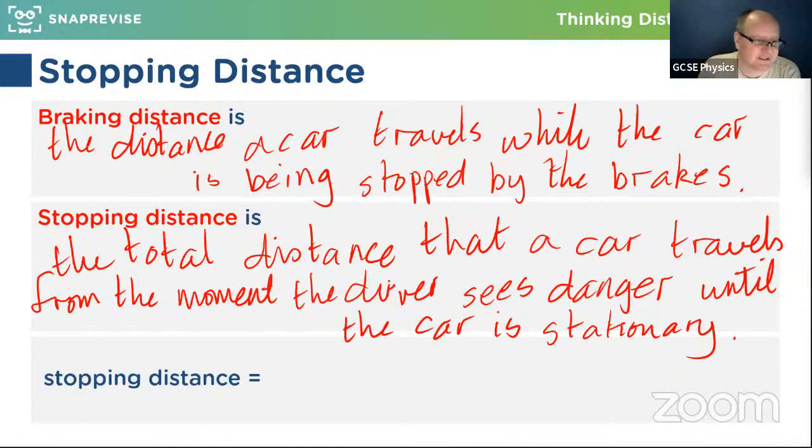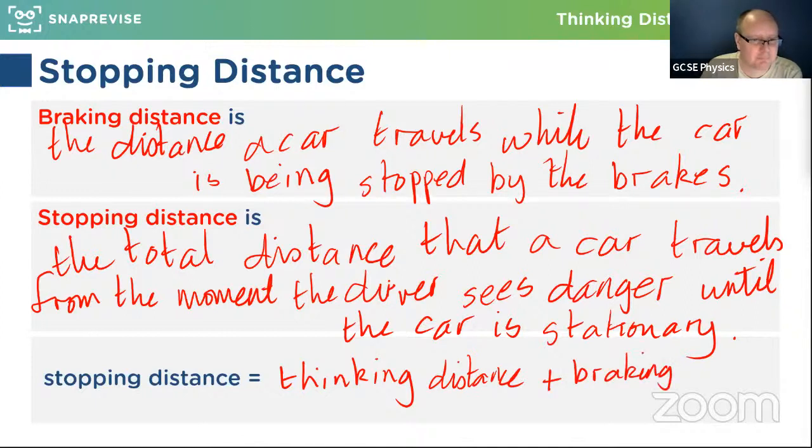Sorry about my handwriting there. And so stopping distance is the sum of thinking distance and braking distance. So the total stopping distance of a car is the thinking distance of the car plus the braking distance of the car added together.